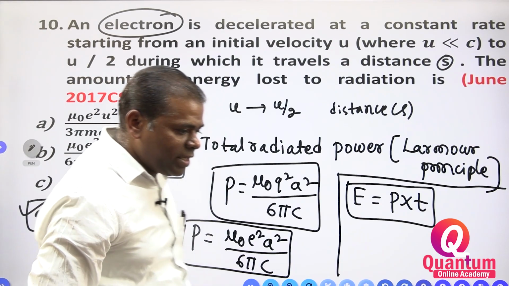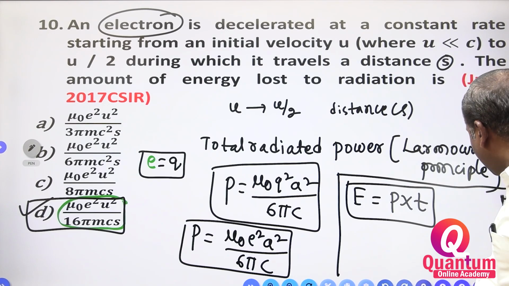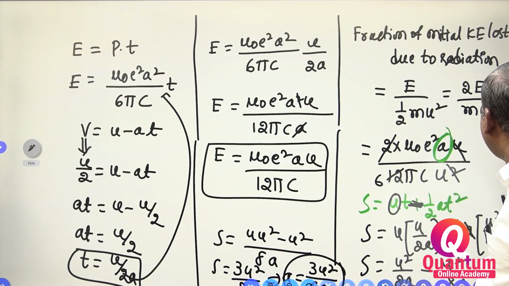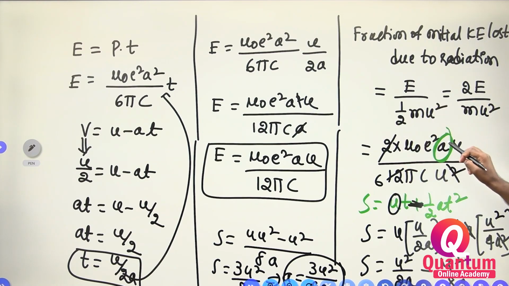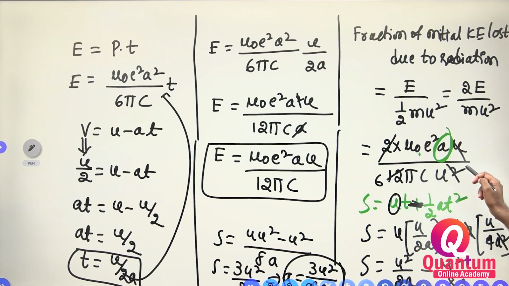Once you check whether any deviations are there, you have to see where we have to substitute it. Here we have to substitute 2e by mu square, 2 into mu naught e square a u divided by 12 pi c into m also is there here. M u square is there.